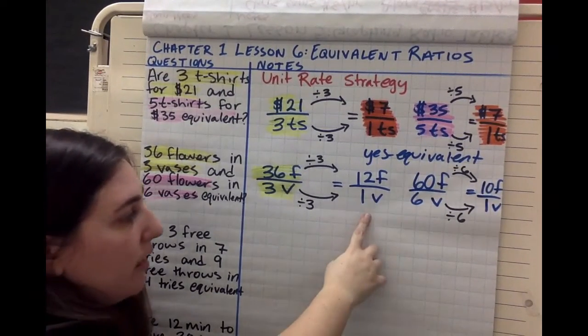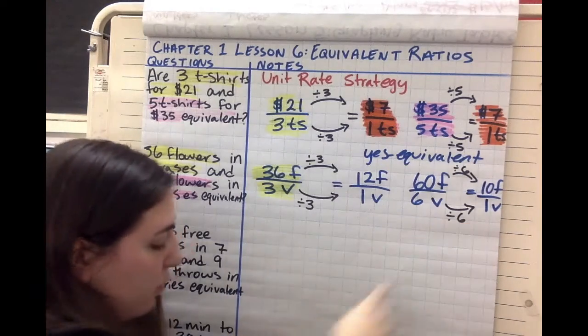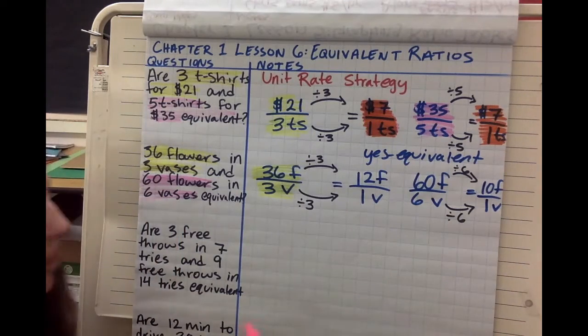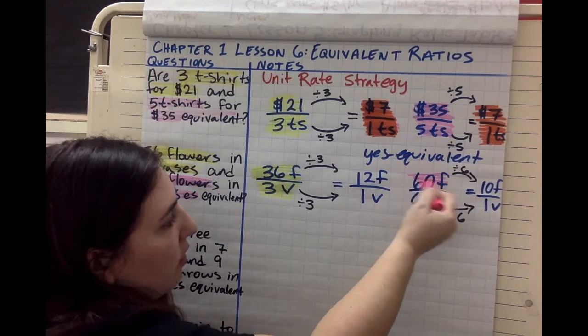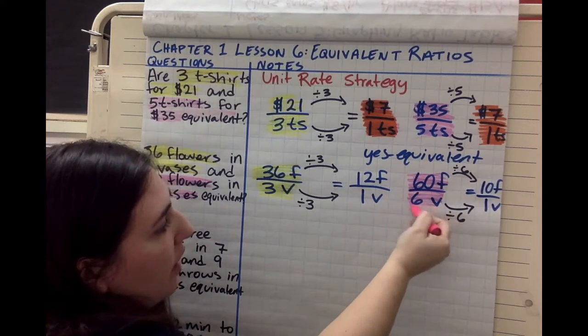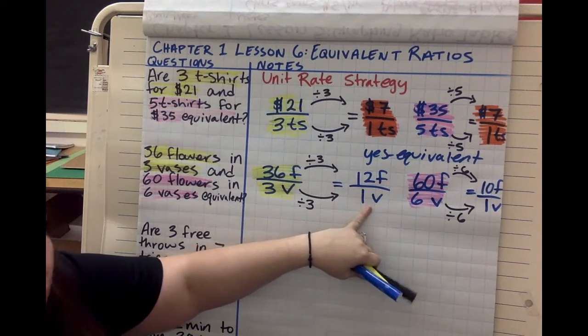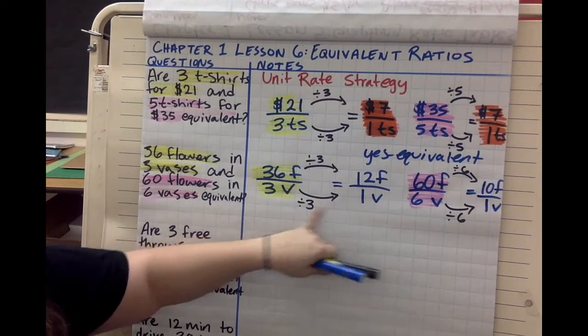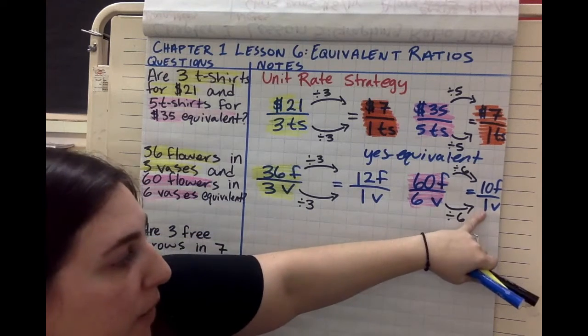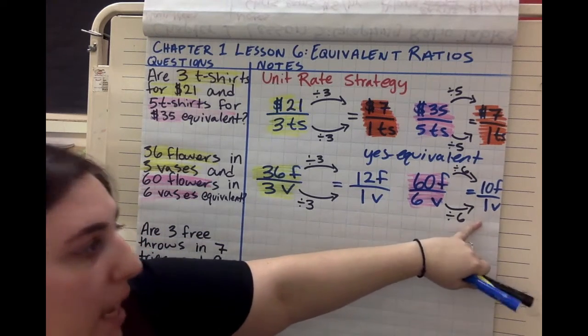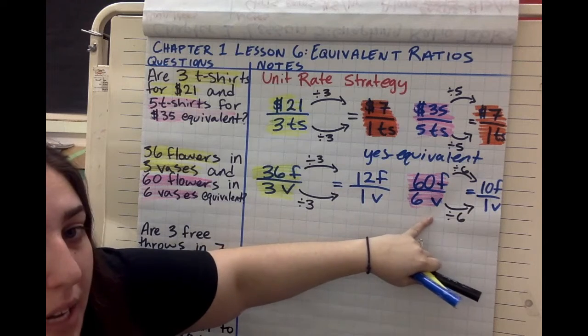I'm looking at this unit rate and this unit rate. Really quickly, I'm just going to finish highlighting this so I know that this rate goes with this rate over here. Okay, so 12 flowers for every 1 vase. That's the unit rate for this rate. And 10 flowers for every 1 vase. That's the unit rate for this rate right here.